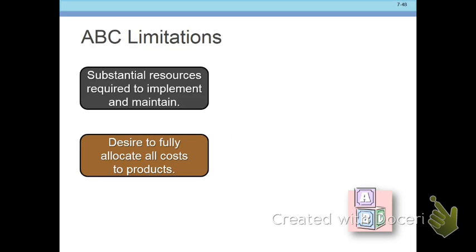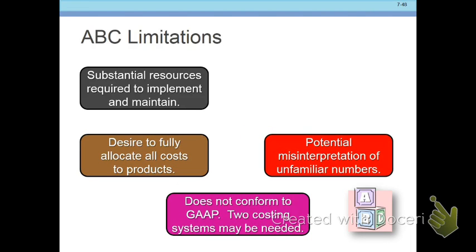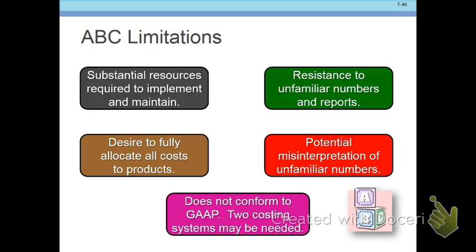Already talked about a lot of these issues. Want to just talk briefly about 2 or 3 of them. First off, you need 2 costing systems, and the reason is it doesn't conform to GAAP.